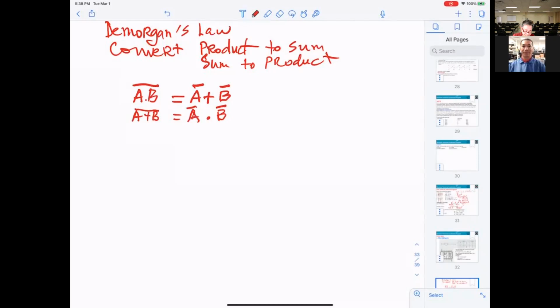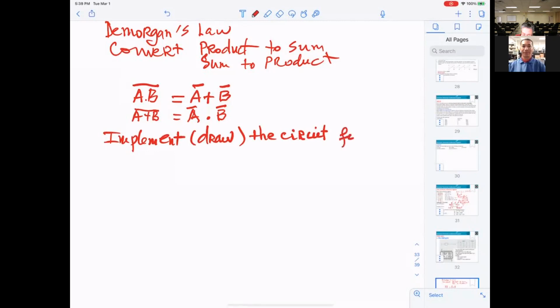The second thing, they say implement. Same thing, they want you to draw the circuit for the expression.